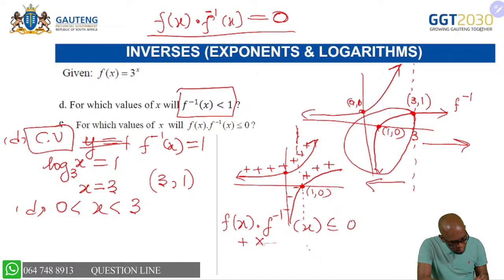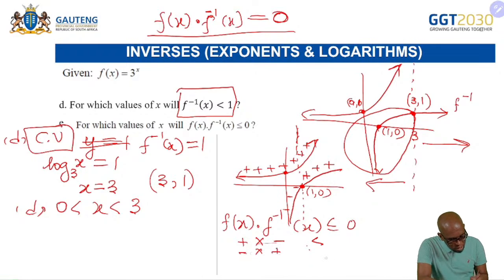Positive times negative will always give us a negative, and negative times positive will always give us a negative. So we are looking at where the graphs will have different signs. Now, if you check here, on the left hand side, it's only one graph. Between 0 and 1, you can see that this graph here is positive, and this graph here is negative. So that's where the solution set would lie.